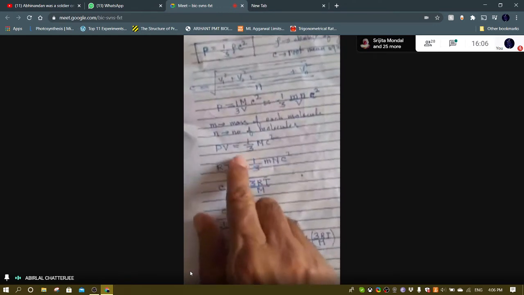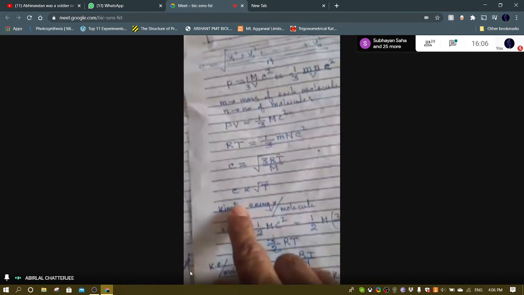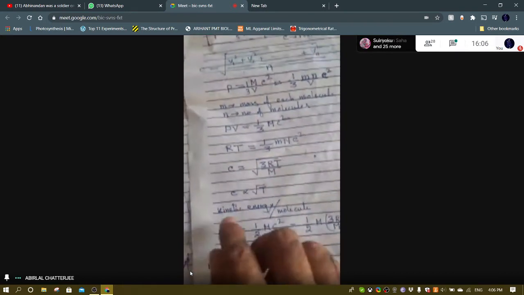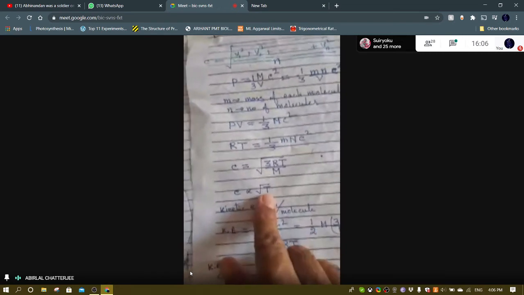Now from here you can prove Boyle's law, Charles' law and Avogadro's law. Boyle's law you are getting from here only: PV equals to 1 by 3 mnc square. Now if temperature is constant, C is a function of what?